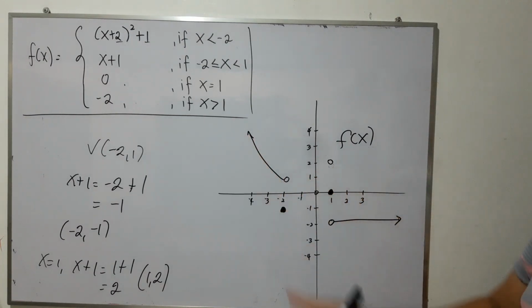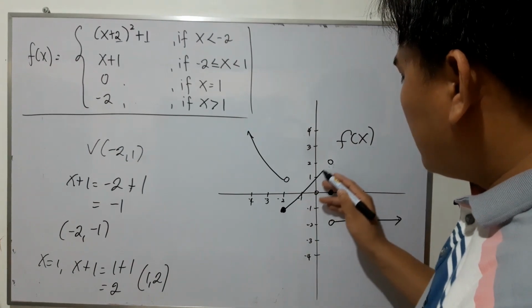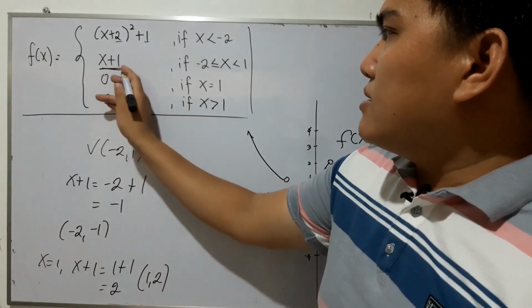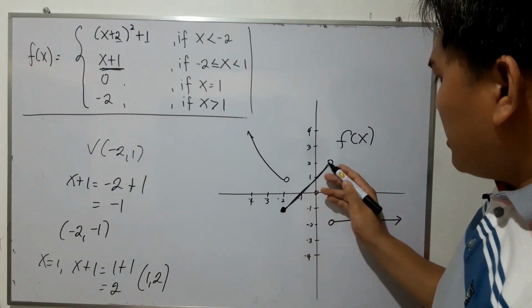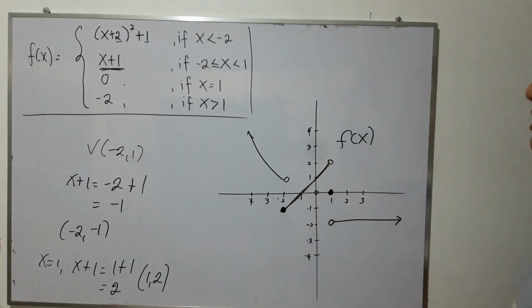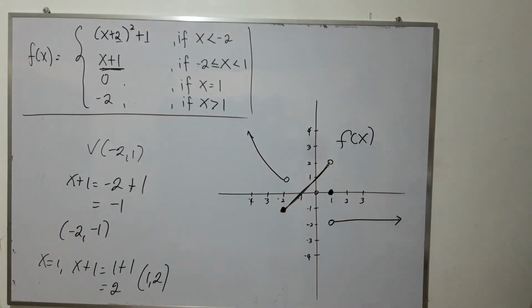Oh, no. We have to connect this, because this part here is a line, a portion of a line. So we have to connect the two endpoints. But this one is included, this one is not. So this is the graph of this function f of x.